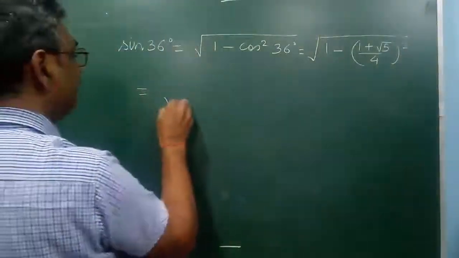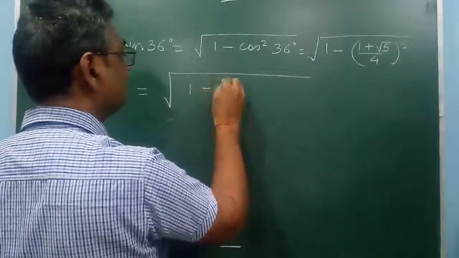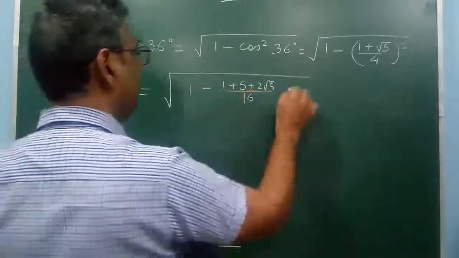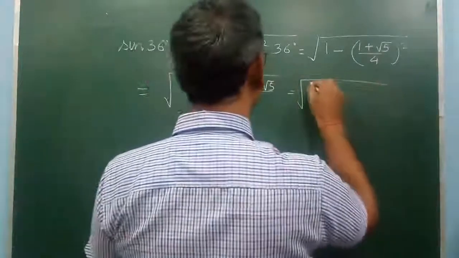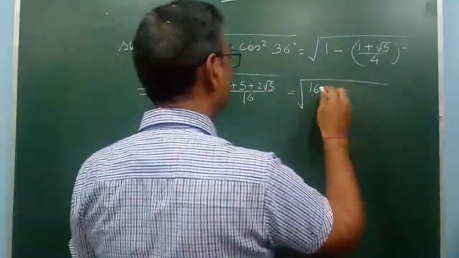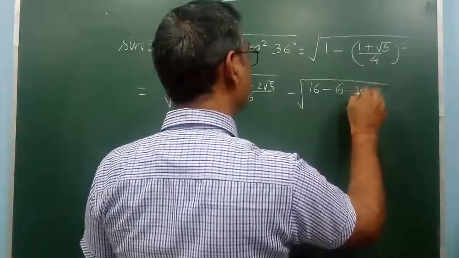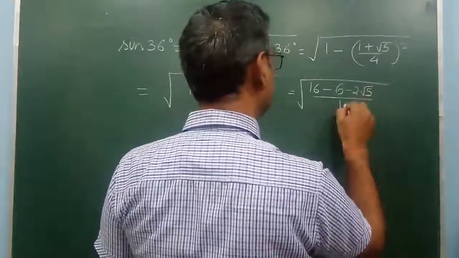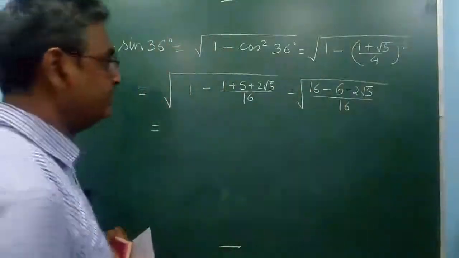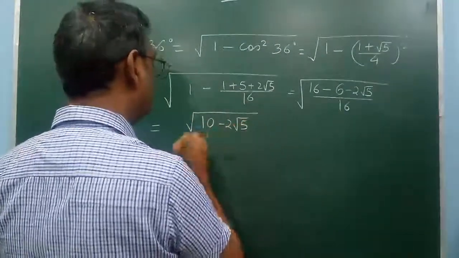Now here 1 minus, so 1 plus 5 plus 2 root 5 by 16, and this is equal to 16 minus 6 plus 2 root 5, okay, 6 minus 2 root 5 by 16. We will not disturb this because we are having the square root of 16. So this is under root 10 minus 2 root 5 upon 16.